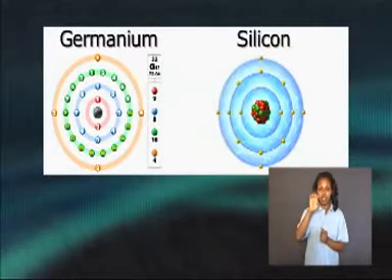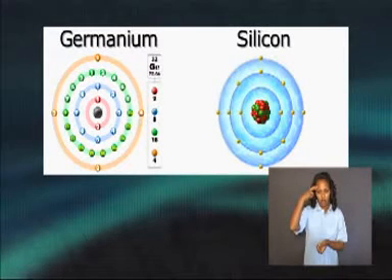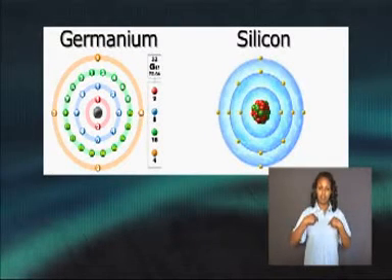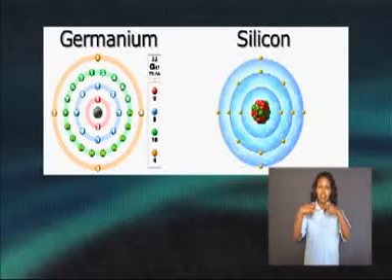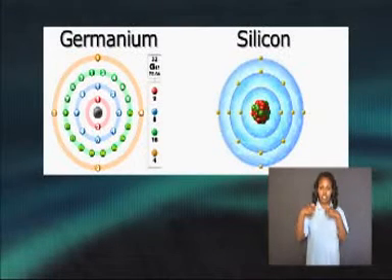Germanium and silicon are semiconductors because they have materials with electrical conductivity due to electron flow.